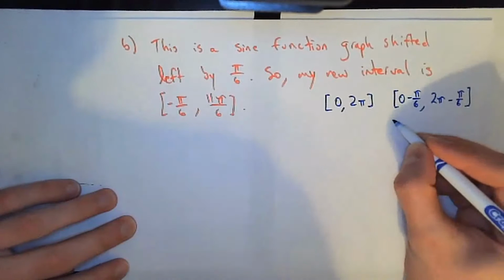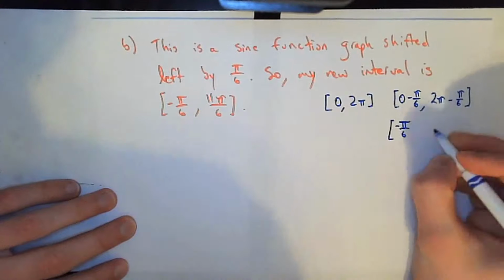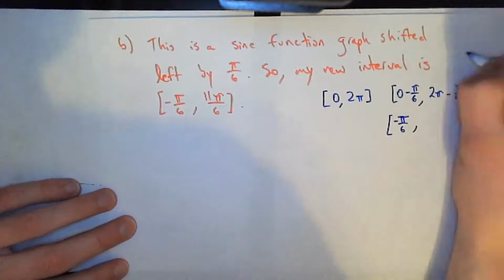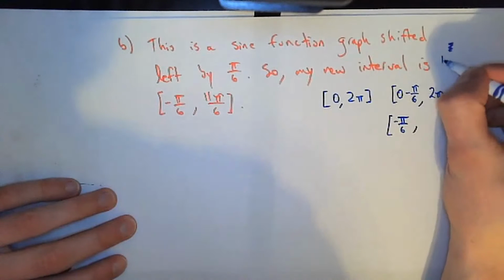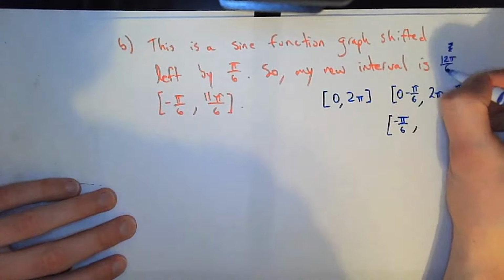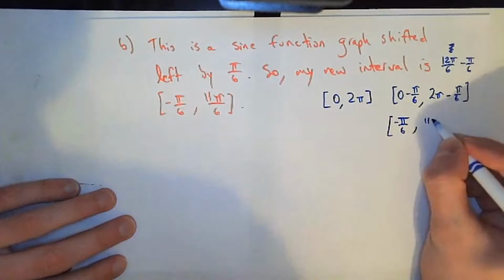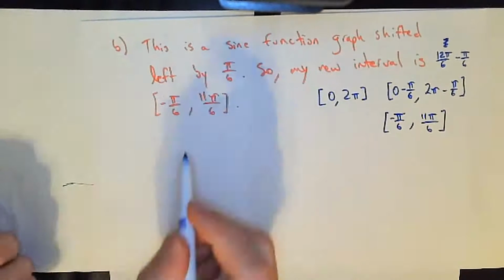That's going to give me 0 minus pi on 6, which is negative pi on 6. And then the other one, no, it's not 7. It's 12 pi on 6 minus pi on 6, so that'll be 11 pi on 6. There we go. That's where that's coming from.